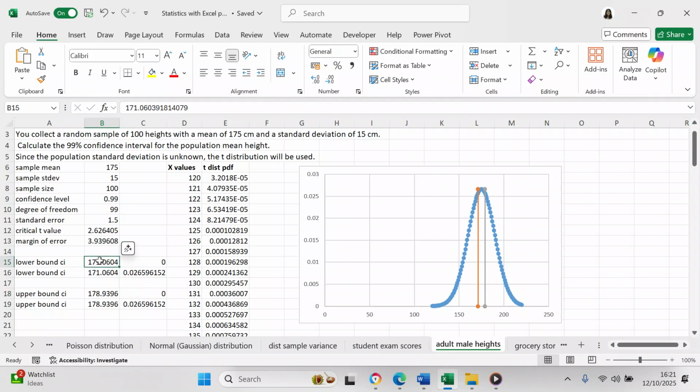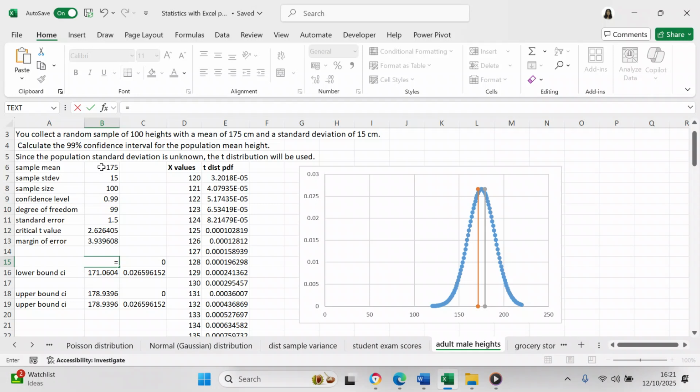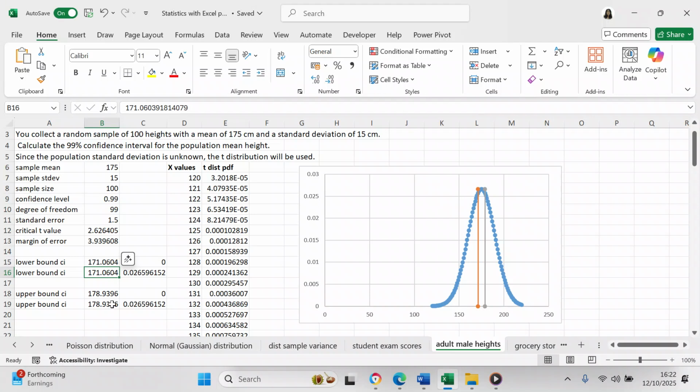And the lower bound should be equals B6 minus B13, so that's 171.